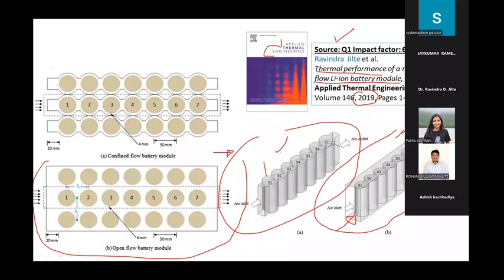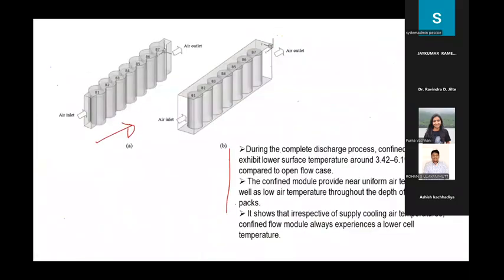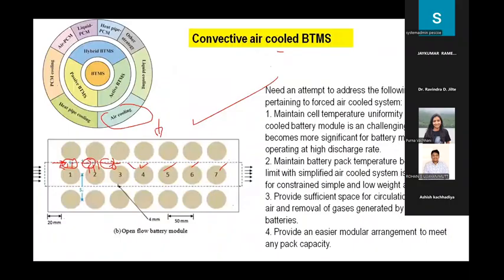Since this arrangement is very novel, we could write this word in the title, and it was also accepted by the reviewers that novelty is there. So here also we listed what the different novelties are. We need to attempt the issues which normally we find in this kind of situation, and the entire aim of the paper will be to address these issues.